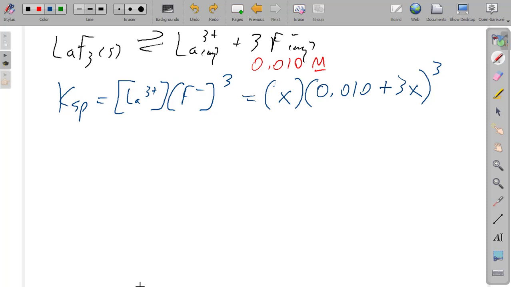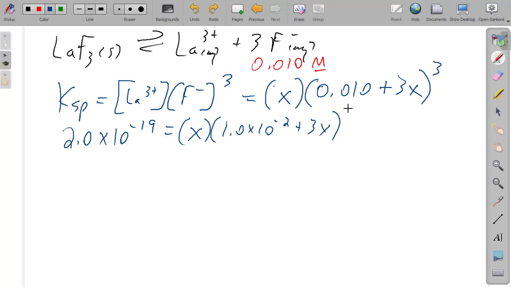And so let's plug some numbers in to help us make sense of this. So we know the Ksp is 2.0 times 10 to the minus 19th. And that's going to equal the x times, and actually I'm going to rewrite that in scientific notation just to make it clearer, 1.0 times 10 to the minus 2 plus 3x, cubed. And let's analyze that directly.